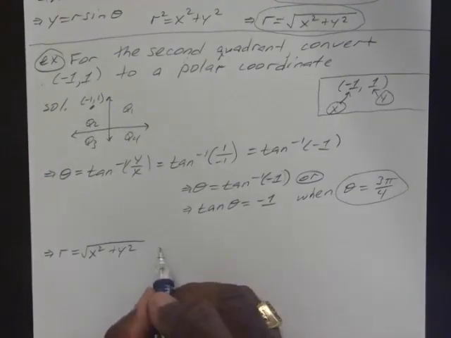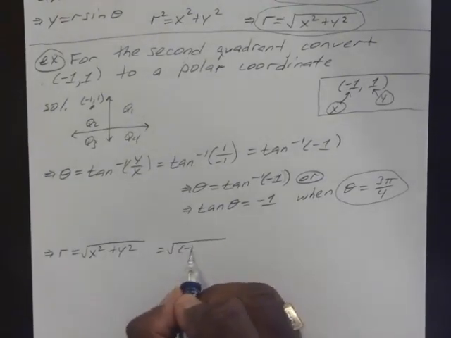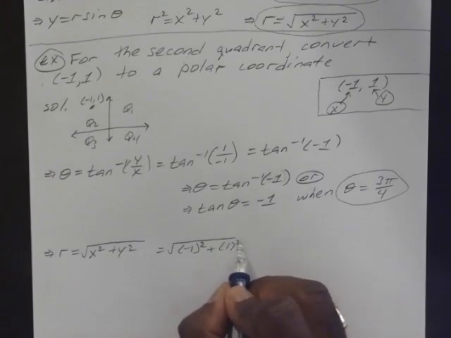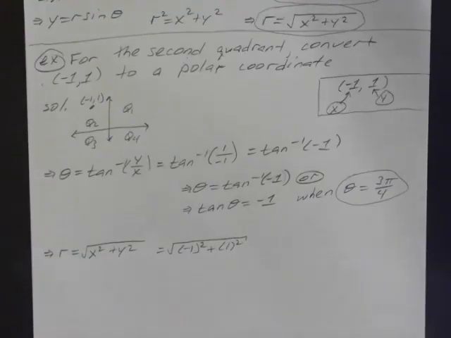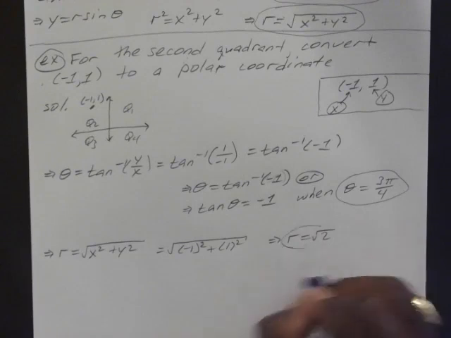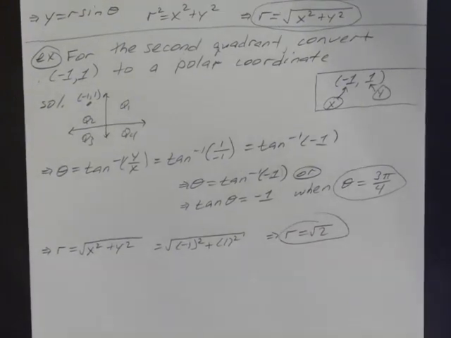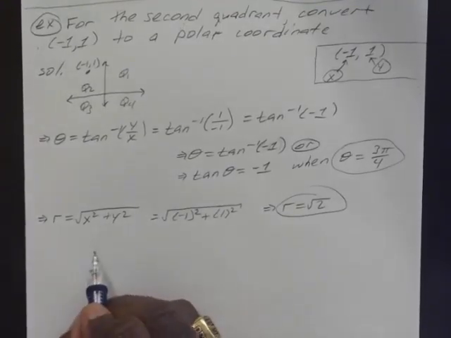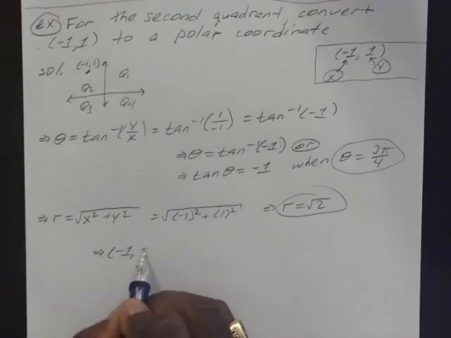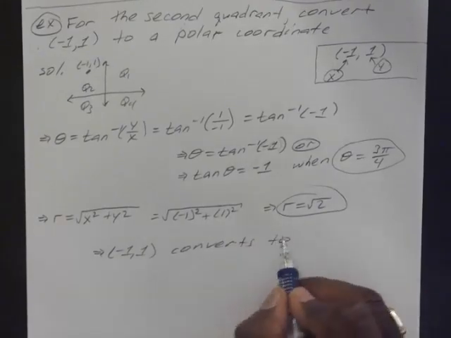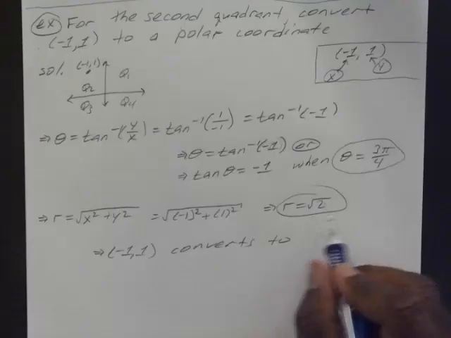Okay, so if we plug those in, the radius is just the square root of (-1) squared plus 1 squared, which gives you the square root of 1 plus 1, which is just the square root of 2. So our radius is equal to the square root of 2. Okay, so that means the point -1, 1 converts to your r, theta, which is square root of 2, 3 pi over 4.